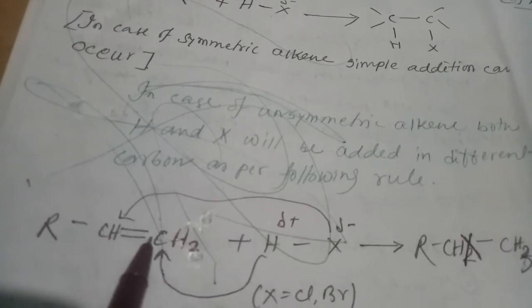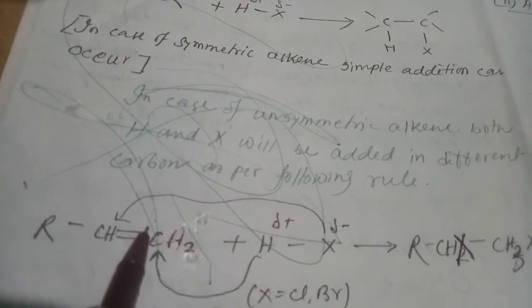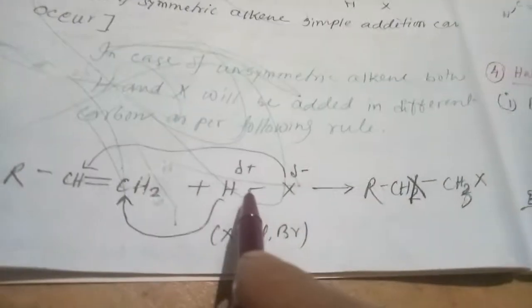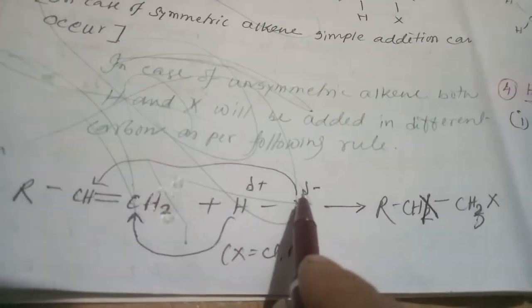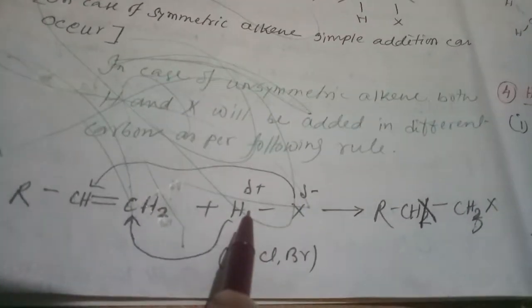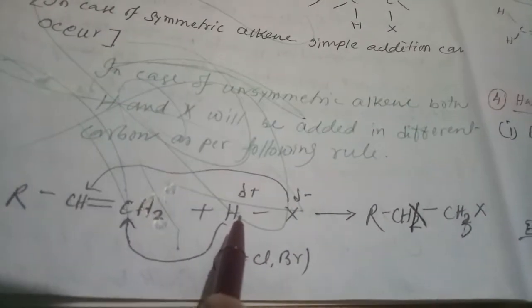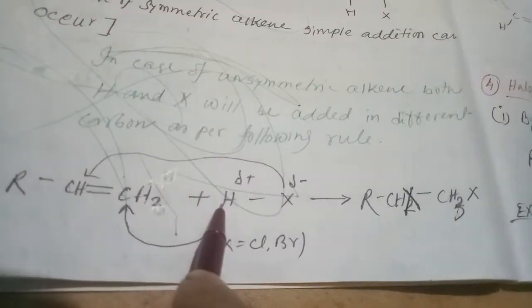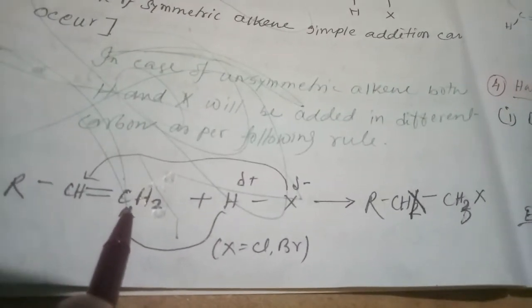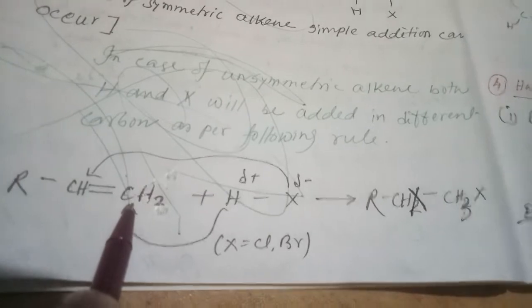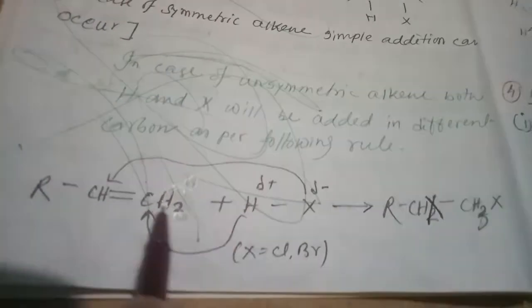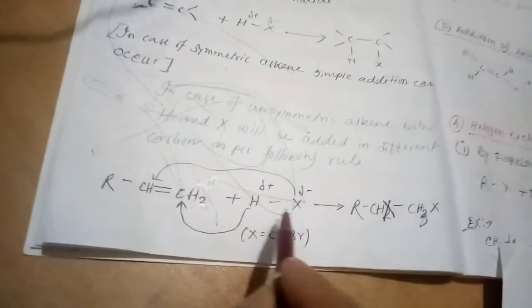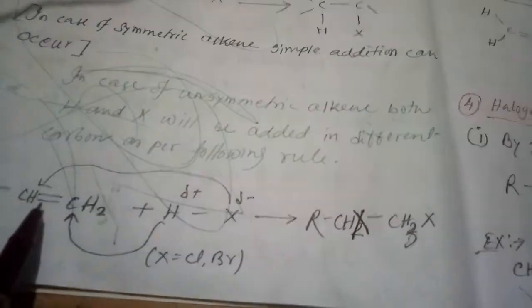That is, the groups present around the double bond are different. Here, when the hydrogen halide is added, then according to the Markovnikov rule we discussed last year, the hydrogen will be added to the carbon atom where the greater number of hydrogens is present. That is, the hydrogen will go to that carbon atom and X will go to the other carbon atom.